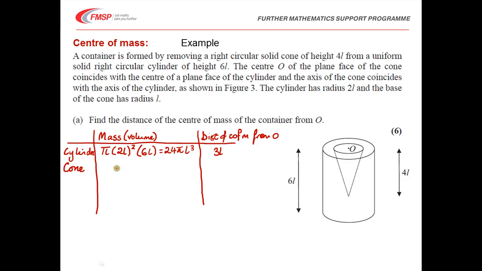Next I'm going to do this for the cone. The volume of a cone is a third pi r squared h, so in this case a third pi L squared, and then the height of the cone here is 4L.